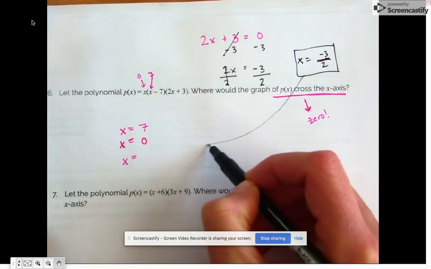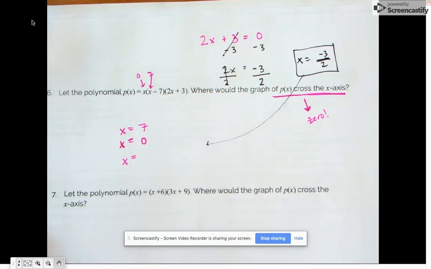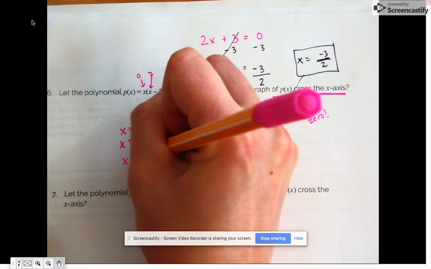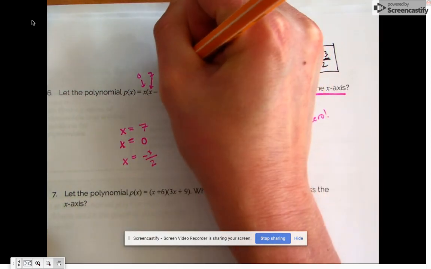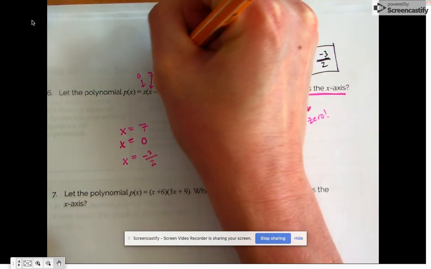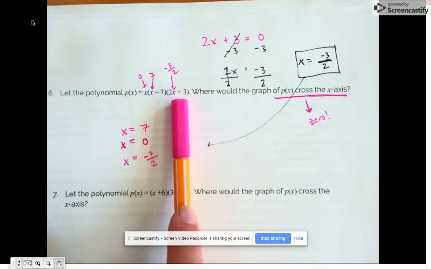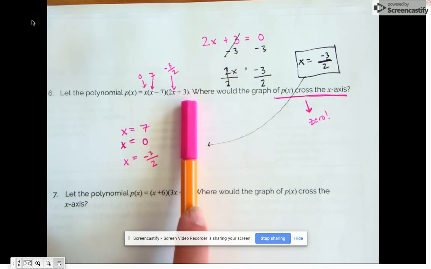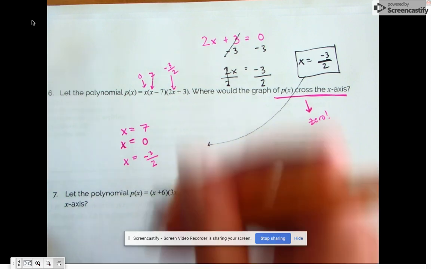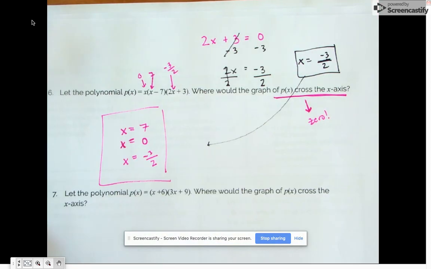So that's going to be my x here. My 0 is going to be negative 3 over 2. And if I plugged in negative 3 over 2 into this x here, I would end up getting negative 3 plus 3, which would then give me 0. Okay, those are my zeros.